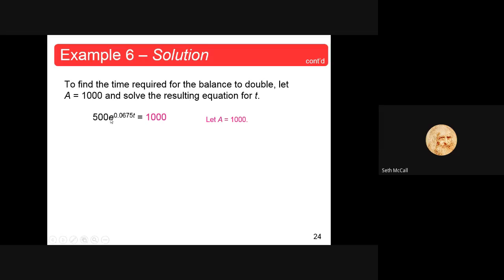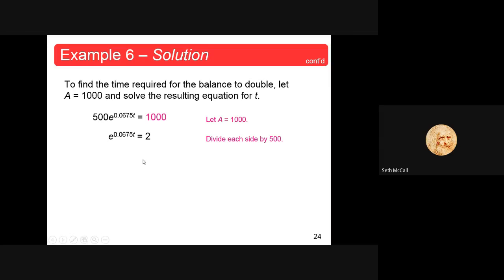We only want the base and its power on the left-hand side. We don't want anything multiplying, adding, subtracting, dividing over here. So we're going to divide both sides by 500 first. And when we do that, you can see now we have e to the 0.0675t equals 2.